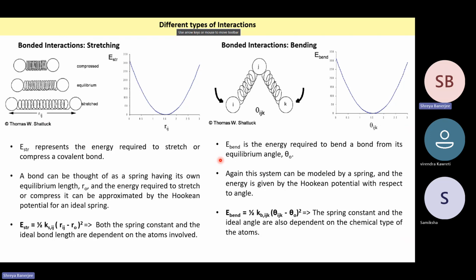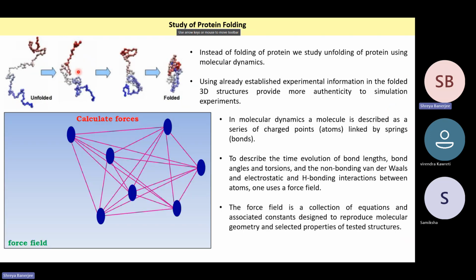The computer will minimize the energy, and your native structure is the minimum energy structure. Each of the energy terms is calculated like this to get the total energy, and the computer will go through all the possible conformations to find the minimum energy conformation, which will be your folded protein conformation.